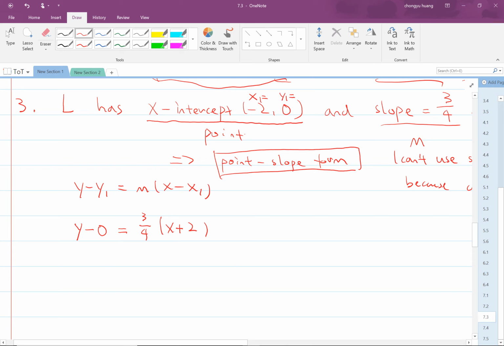y minus 0 is simply y, equal to 3/4 x plus 3/2. Let me check again.